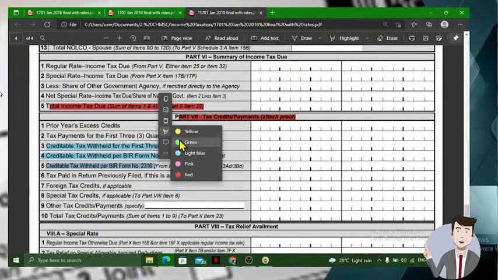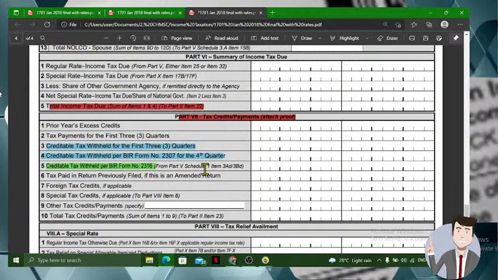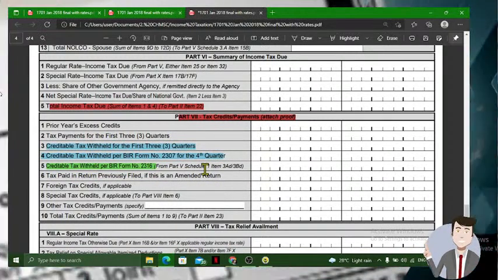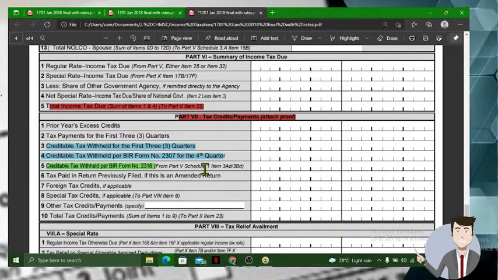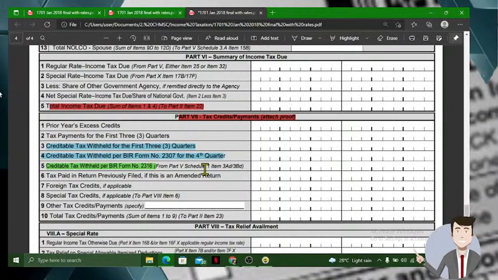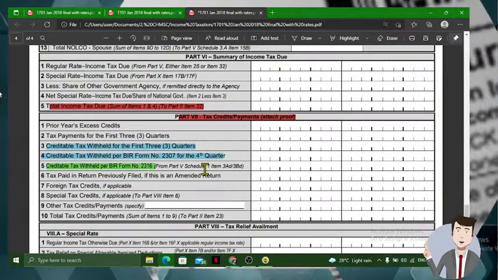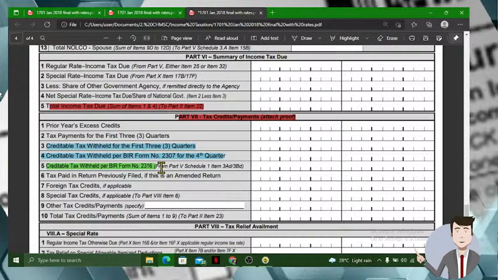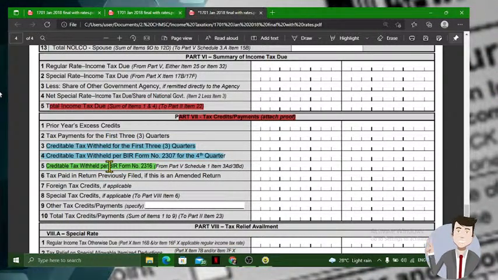If ever the taxpayer is an employee, at the same time a business owner or a practitioner, so ang sweldo ya guys from his employer may withheld na to, di ba? And the proof of the withholding and payment is BIR Form 2316.